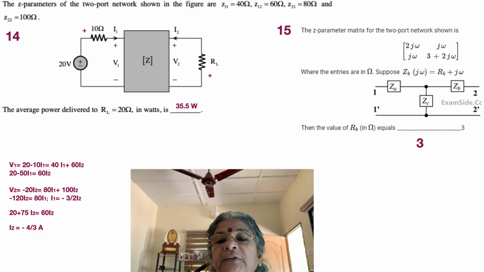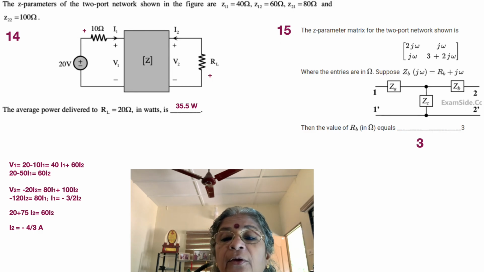So where does ZB come? ZB comes only in Z22, isn't it? And what is Z22? Z22 is equal to ZB plus ZC. And where does ZC come? ZC comes only in Z12 and Z21, and they are shown as equal to j omega.